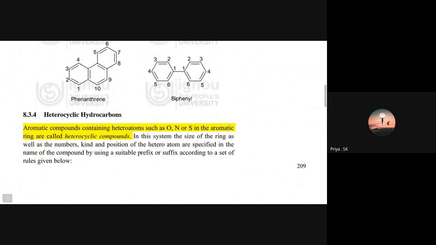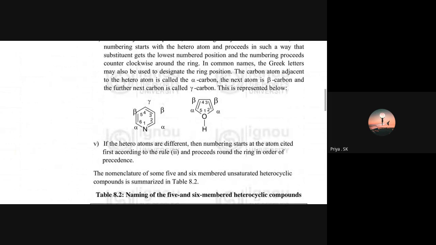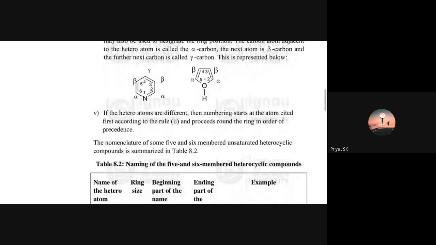Then heterocyclic compounds. Aromatic compounds containing heteroatoms such as oxygen, nitrogen, or sulfur in the aromatic ring are called heterocyclic compounds, such as this. If nitrogen is present in the benzene ring, it is called a heterocyclic compound. If oxygen is present in a five-membered ring structure, it is called a heterocyclic compound.